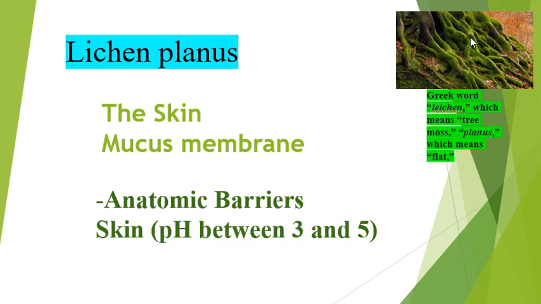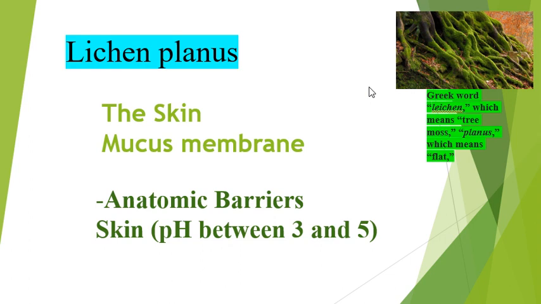So this is the moss of the tree, in green, usually found at the lower part of most trees. And planus means flat. This describes the cutaneous lesion in lichen planus, which usually affects the skin and the mucous membrane.